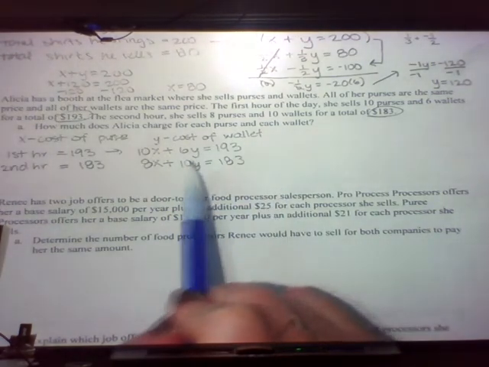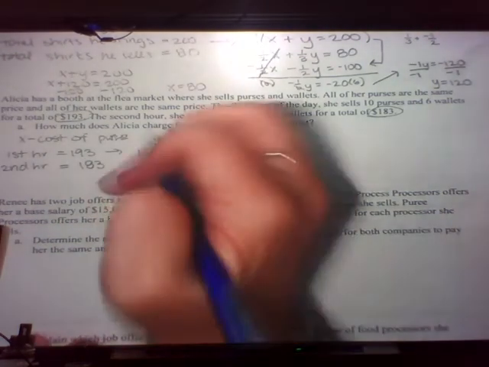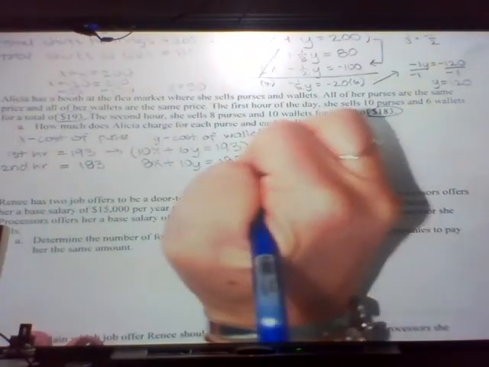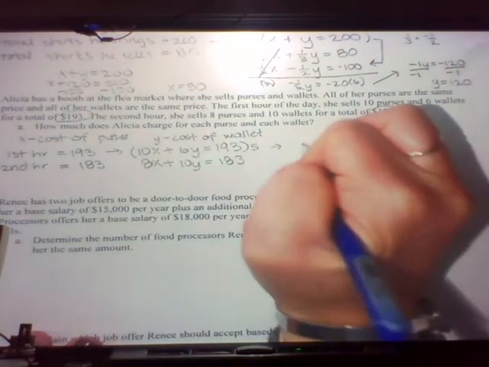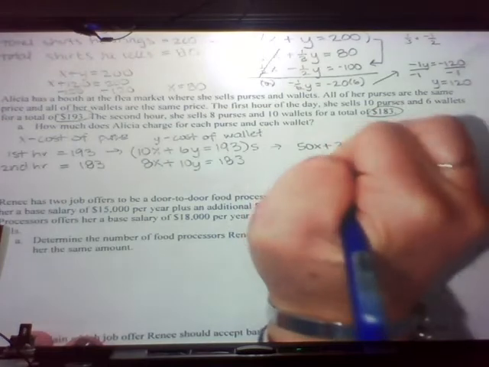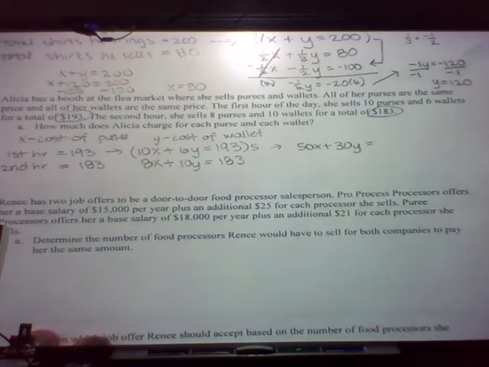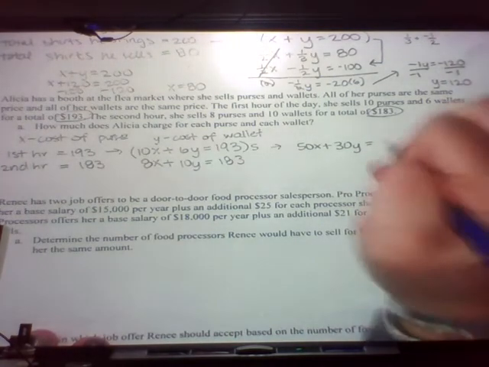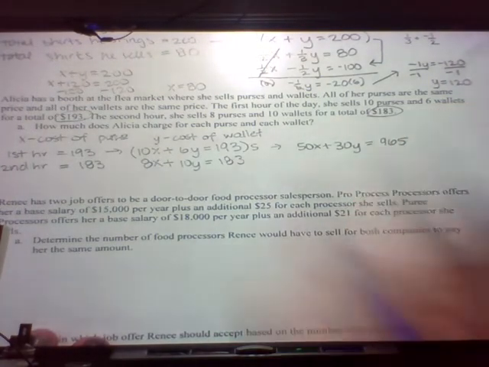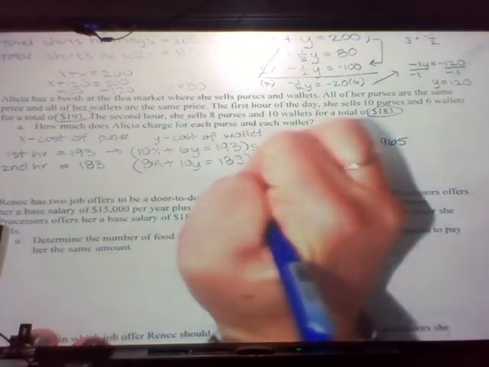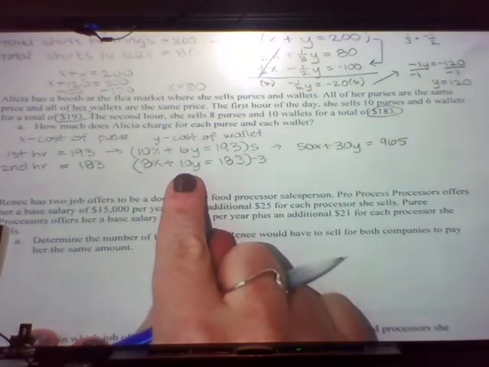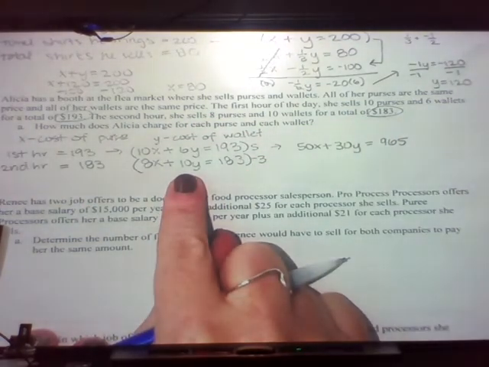So to make this a positive 30, I'm going to multiply this equation by 5. And it's going to become 50x plus 30y is equal to, going to my calculator, 193 times 5 is equal to 965. And I'm going to multiply my second equation by -3 because I want this to be a -30 in order for them to cancel out.